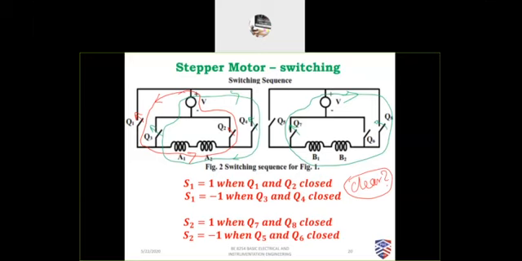Only the direction of the current will be changing. But the other one I told you, unipolar, instead of having the switches, they have two types of winding. In one winding current will be in one direction, and in another winding current will be in the other direction. It's called unipolar motors.